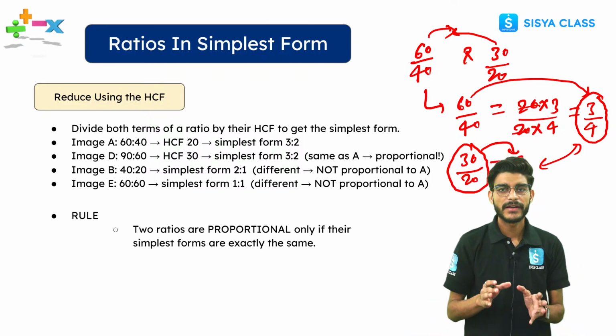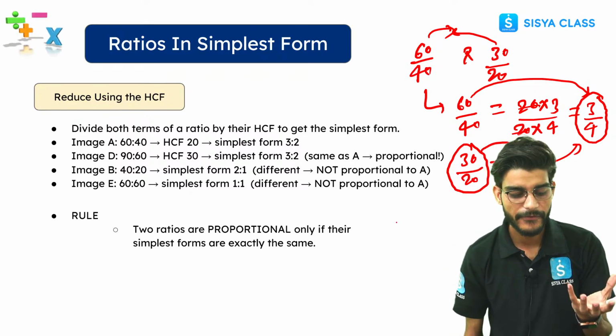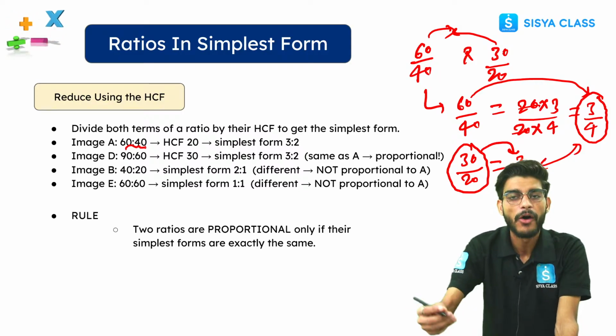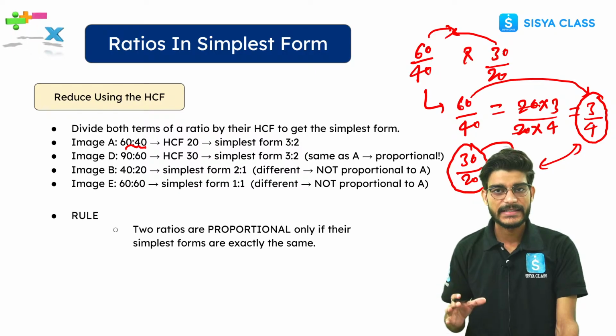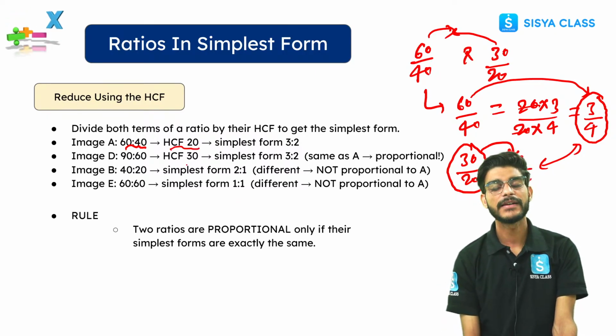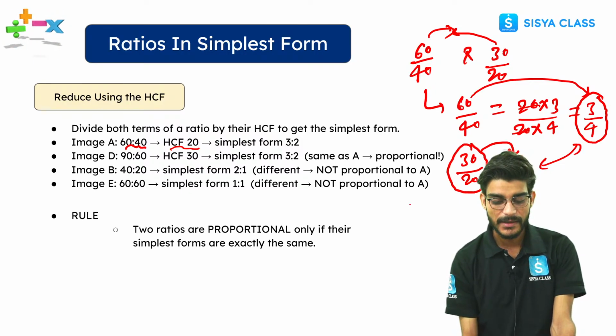Obviously, one ratio can be written in many ways by multiplying with some factors. Suppose 60:40, how will you convert it into simplest form? Firstly, you have to find the HCF of 60 and 40. So what is the HCF of 60 and 40? 20. Now you have to divide by 20. 60 upon 40.